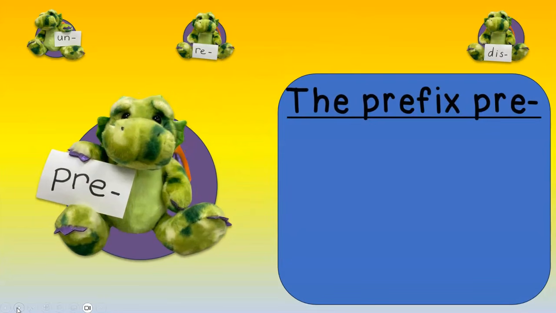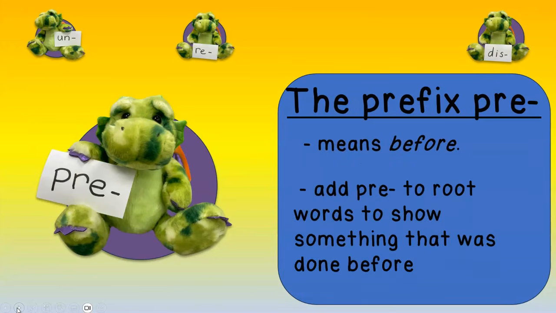And then another prefix to be familiar with is the prefix pre. Hey, did you notice that the word prefix has the prefix in it? It has a prefix pre. Pre means before. And we can add pre to the root words to show that something was done before.